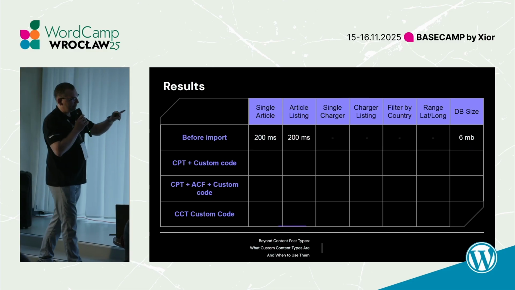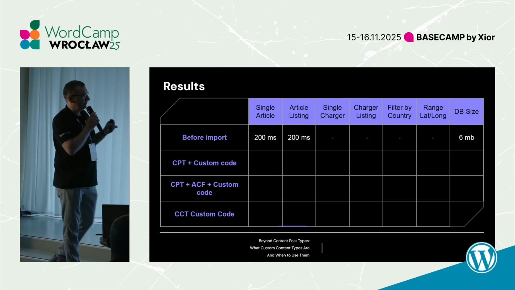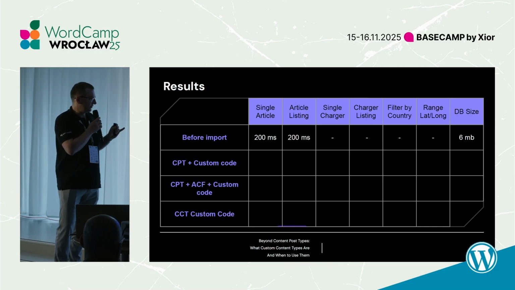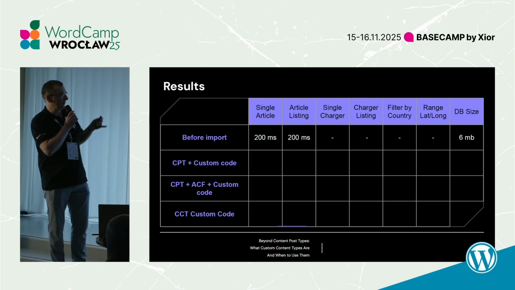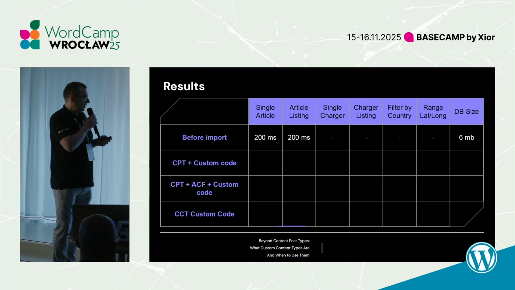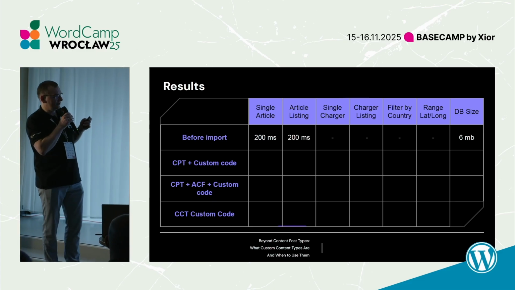So before the import, I don't have the chargers yet. So my single article response is 200 milliseconds, and similar for the page with the listing. Let's use custom post type. Let's import all that data as a custom post type.